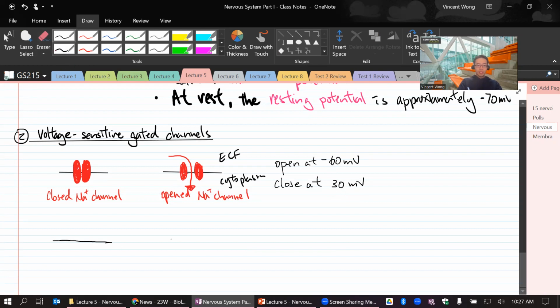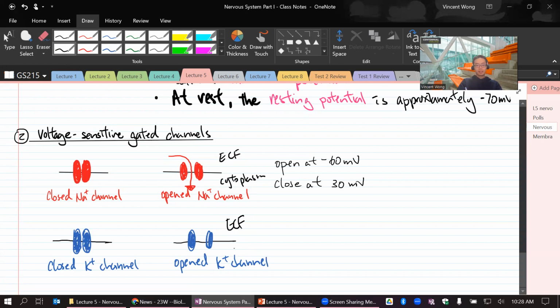Similarly, we are going to have the blue ones. This is a closed potassium channel. This is an open potassium channel. Let's say we have the ECF on the top and cytoplasm at the bottom.